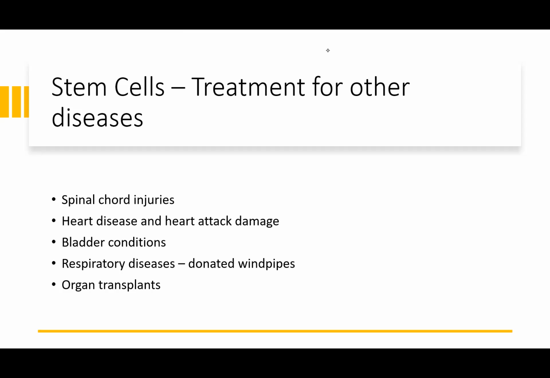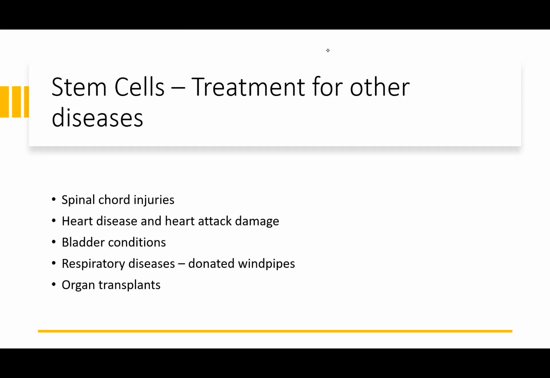The idea is that we could reduce the risk of rejection if we use the patient's own stem cells to do this. Also, windpipes are quite hard to donate, they're very complicated organs.